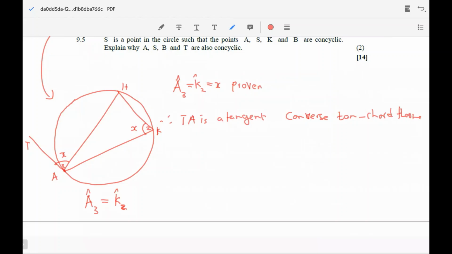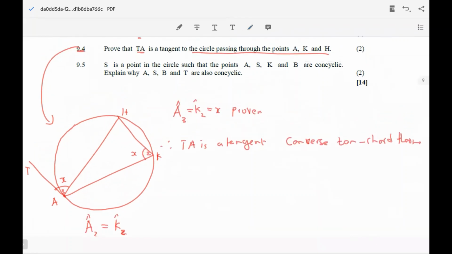In other words, if the angle between a line and the chord of a circle equals the angle subtended by the chord in the alternate segment, then that line is a tangent. So that's the converse tan-chord theorem. I hope everybody gets that.